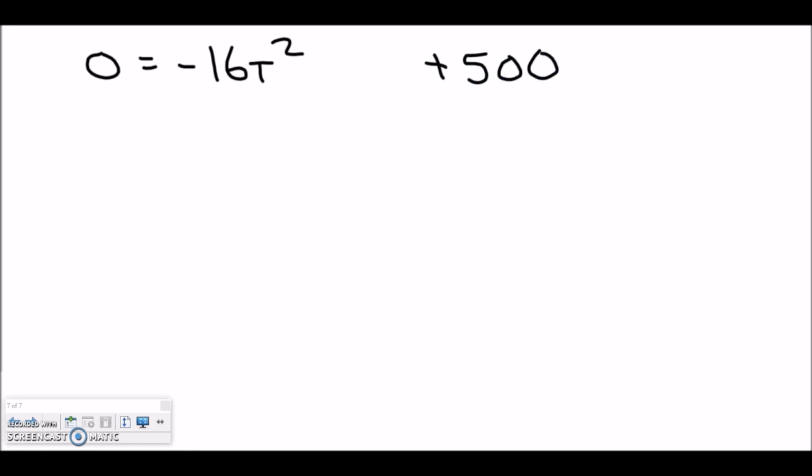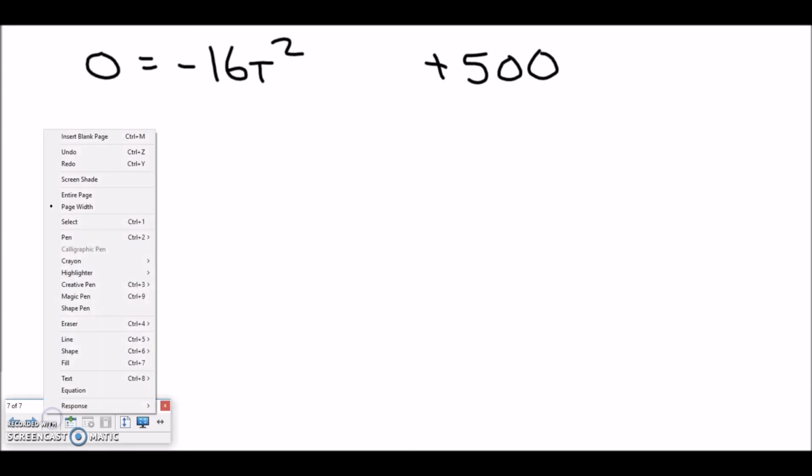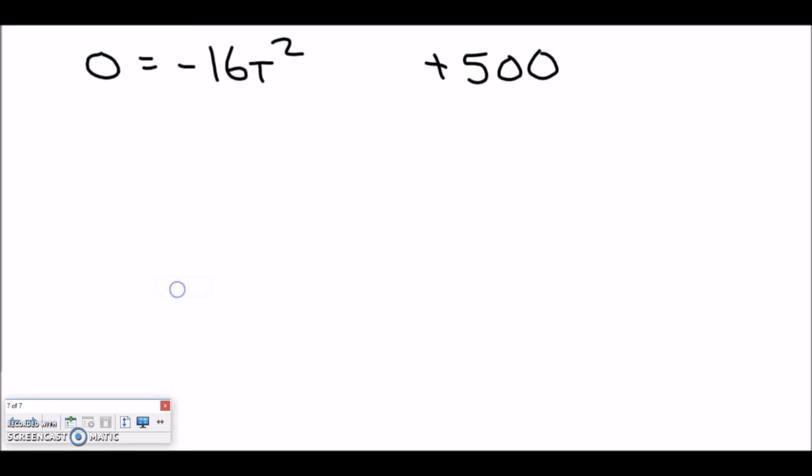What about your friend, though? Your friend actually throws the rock down. So the beginning of the equation would be the same, negative 16t squared. The end of the equation would be the same. But what about this middle part? Before I write it down, I'm going to give you one more clue.